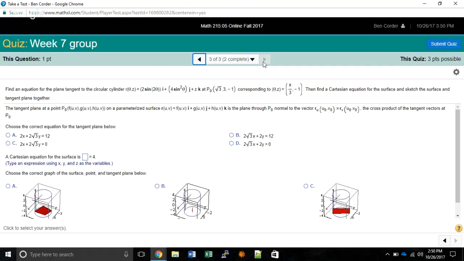So I had in my notes the equation of a tangent plane would be z minus f(a,b) equals the partial derivatives of f times the differences.